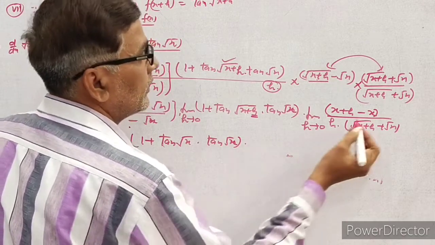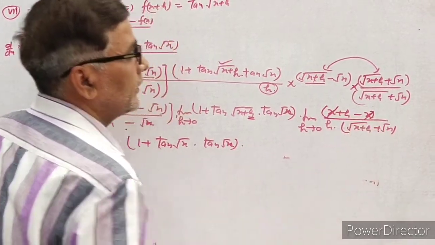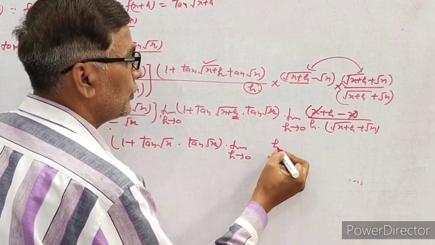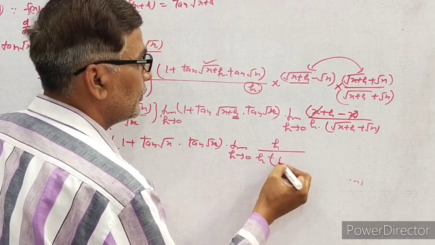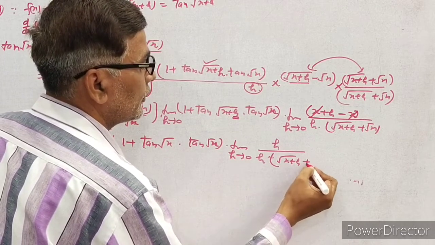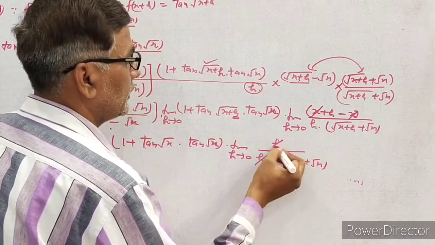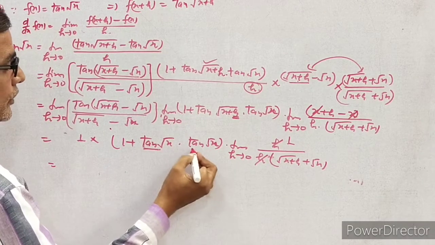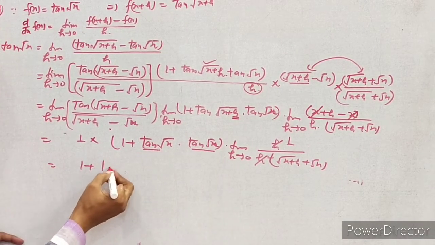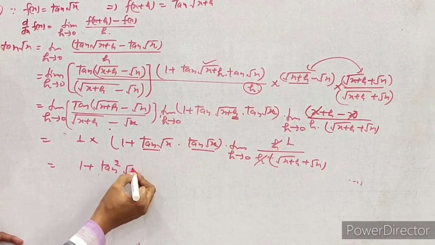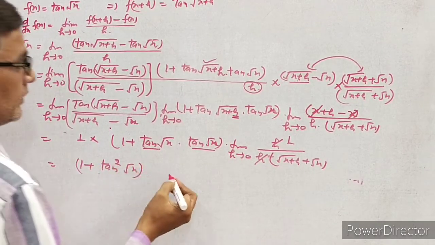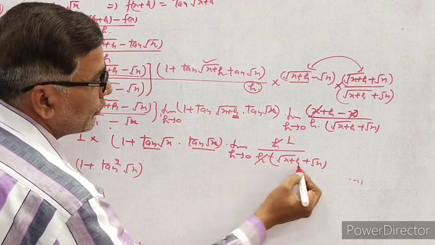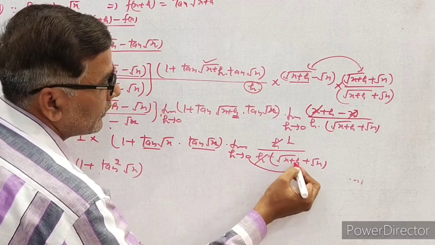Now in the third step, these two are cancelled out. We have the limit as h approaches 0 of h upon h into root of (x plus h). h and h cancel out. On multiplying these two results, we have 1 plus tan squared root x, and on extending the limit here, we can replace 0 in the place of h.